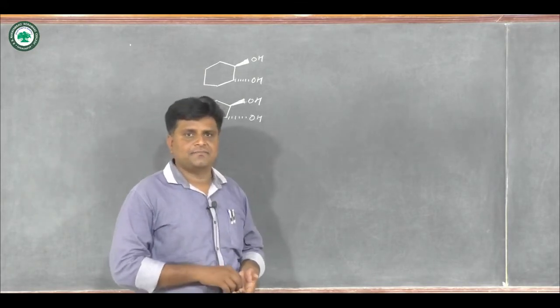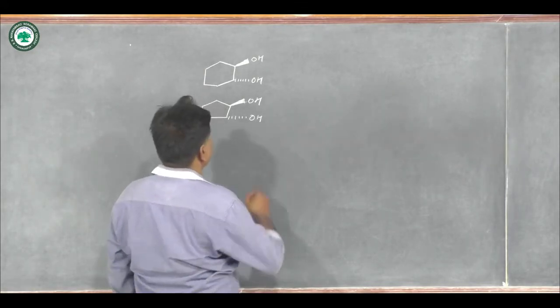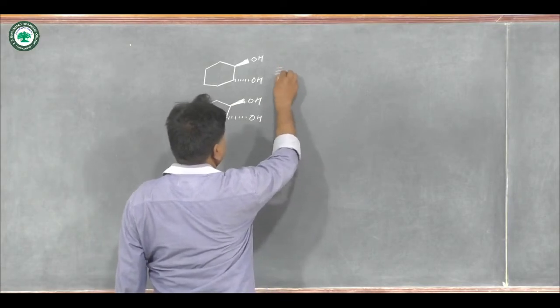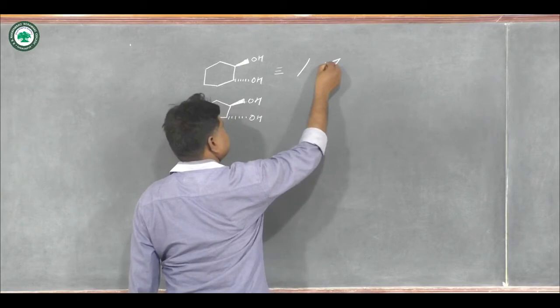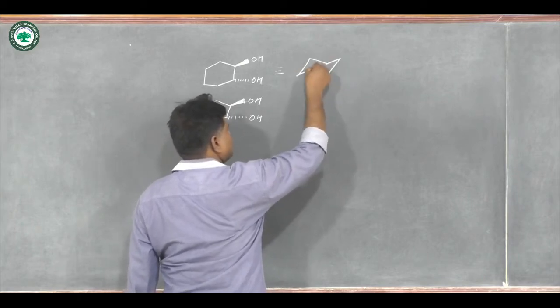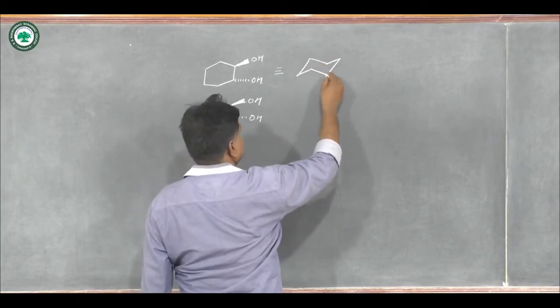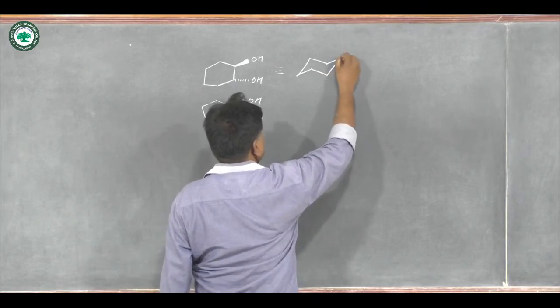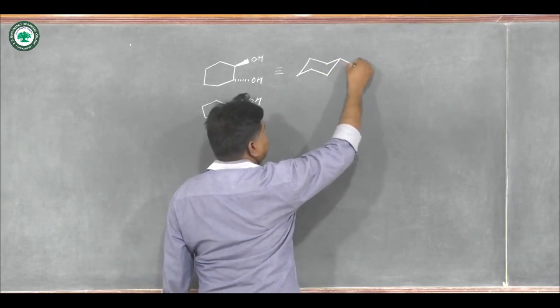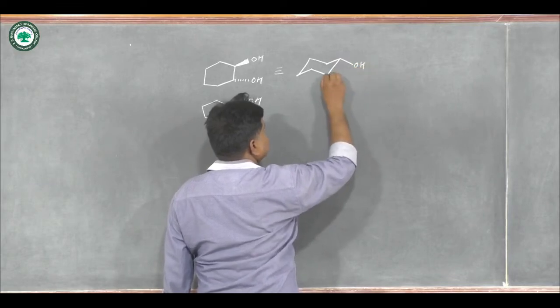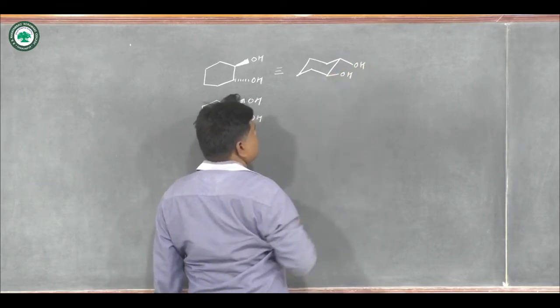of reactions, and in that case, suppose we try to convert that simple structure into the chair conformation. These are the two chairs. Suppose here this is OH and this is another OH.